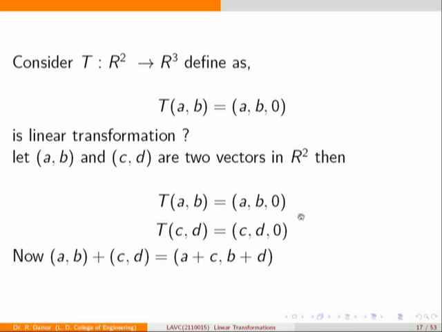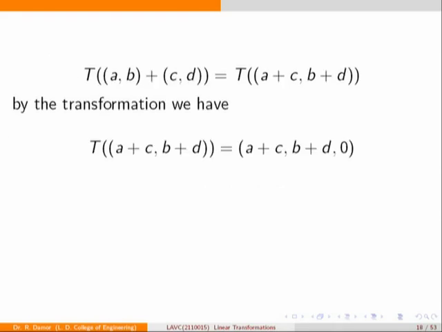T of (a, b, 0): I can multiply this with the scalar K, giving (Ka, Kb, 0). So I can take K outside, K times (a, b, 0). Clear? So this can be written as K times T of (a, b, 0). So this transformation possesses the homogeneous property. So these two conditions are satisfied, and this transformation is said to be a linear transformation.